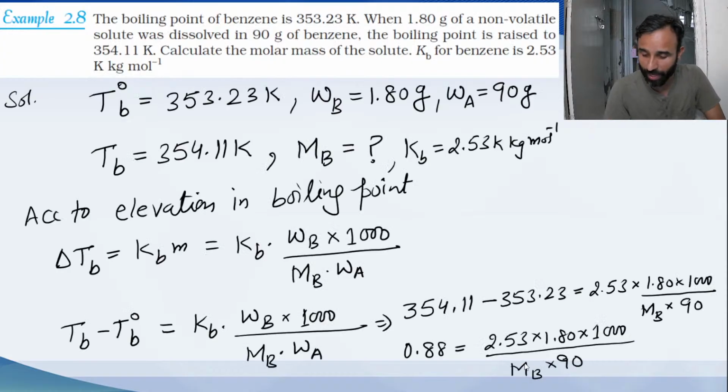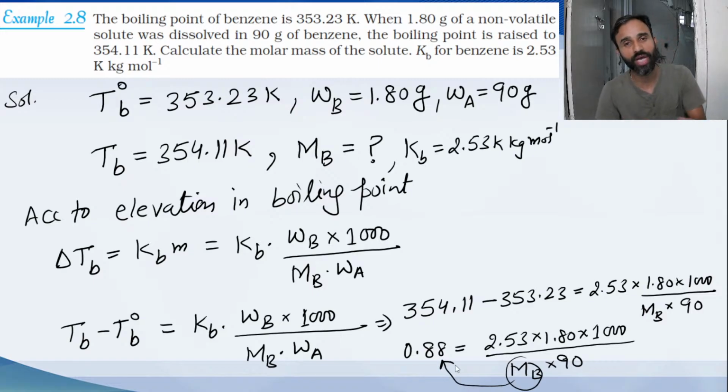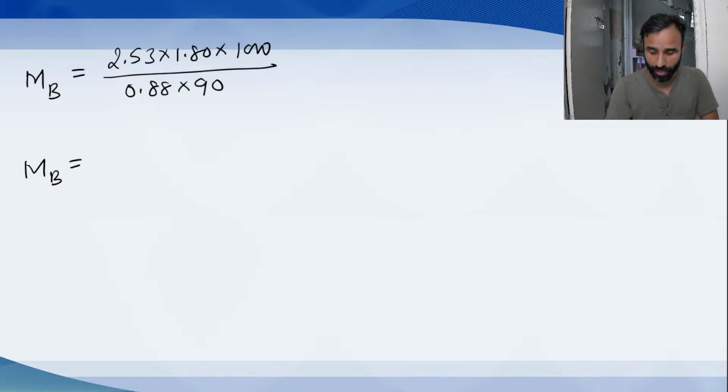Because MB we take from denominator to the other side, and 0.88 to right side. So it becomes 2.53 into 1.80 into 1000 divided by 0.88 divided by 90.